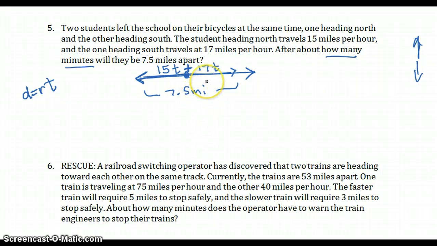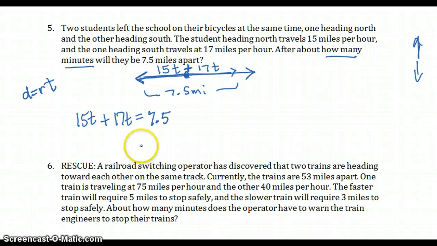So now let's make that into an equation. That'll be 15t plus 17t equals 7.5, and we're solving for t as in time.